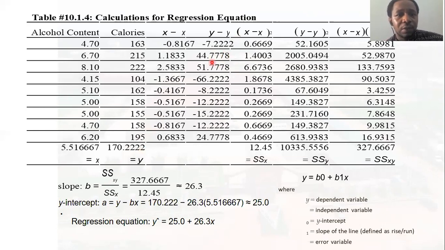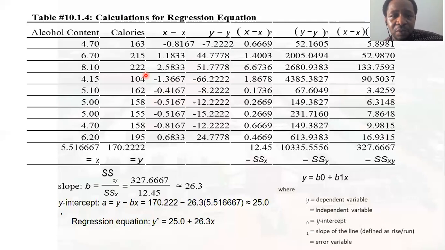Then you do the third value, 222 minus 170.222. It will give you a value of 51.777. The next one you do, 104 minus 170.222. It gives you a value of minus 66.2222.